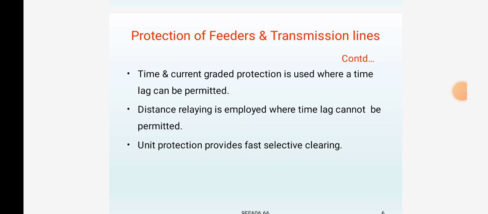The preferred practice on a unit system, where one generator and one transformer are connected as a unit to HV bus bars, is to do away with low voltage switchgear altogether and have only one set of high voltage switchgear.